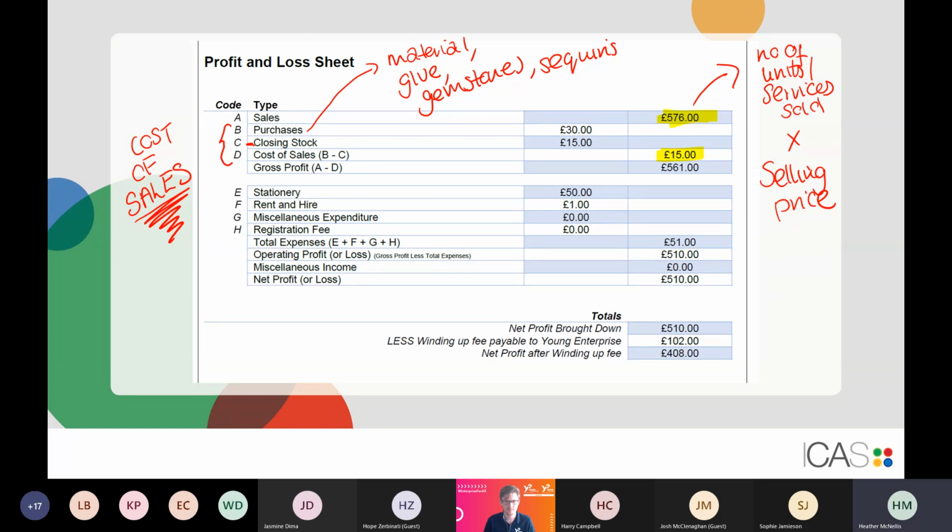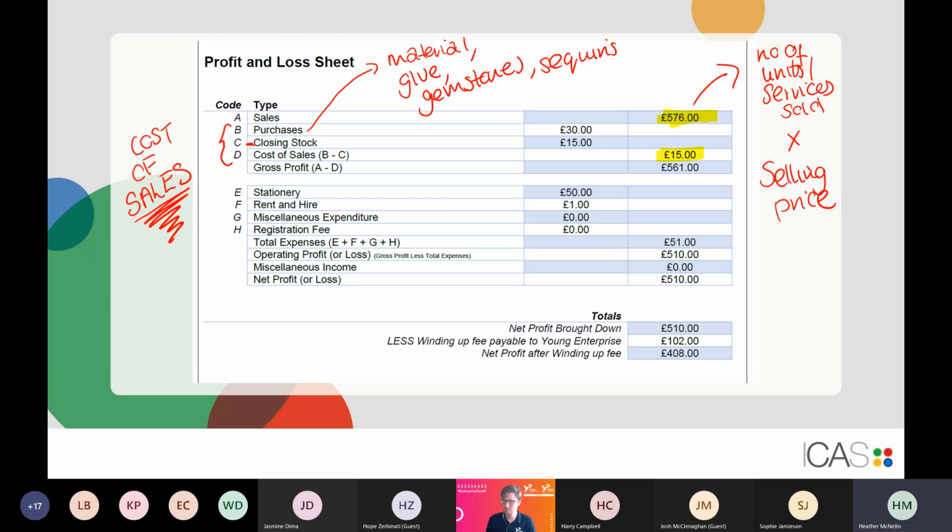Okay. And that then allows us to calculate what's known as gross profit, which helpfully tells us there is A line minus D. Okay, so it's that 576 less that 15. And our gross profit is an important figure because it is telling us, purely from the sales activities that you're doing, whether that's providing this service or selling my hairbands or selling whatever it is, the amount of money that I have made from that alone.